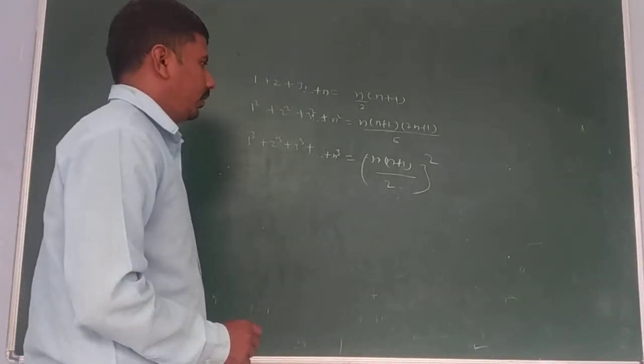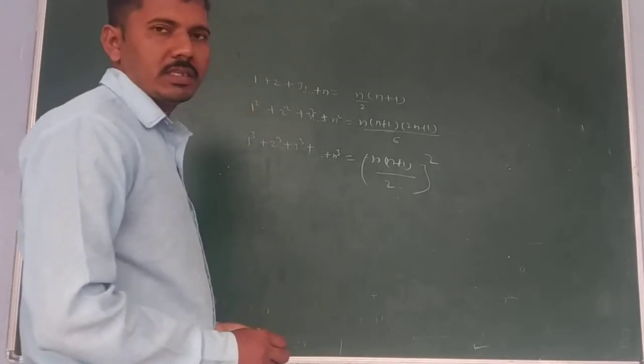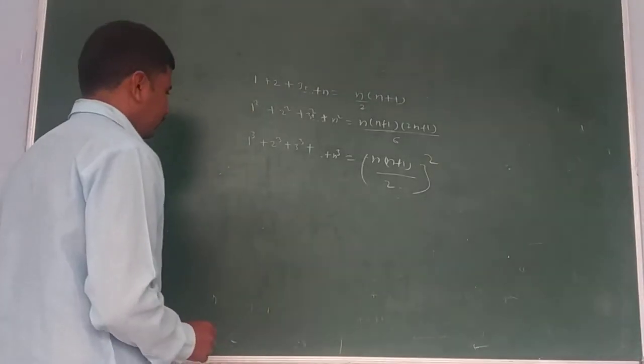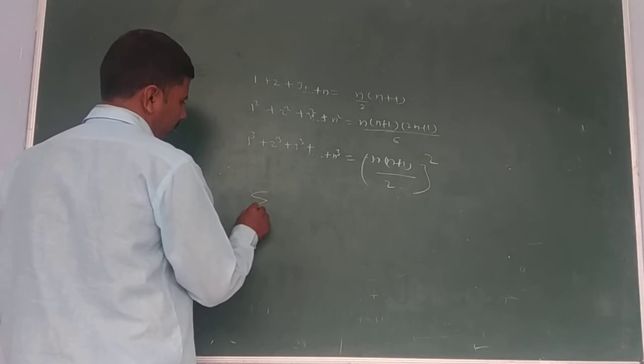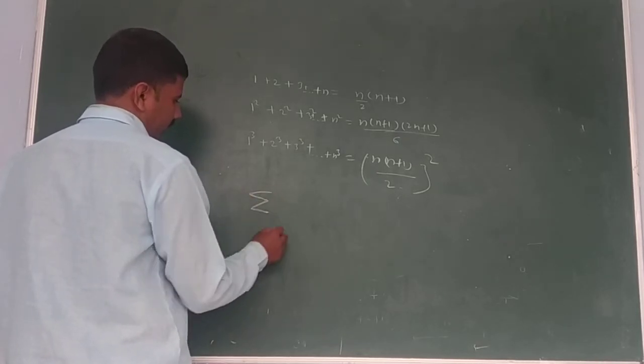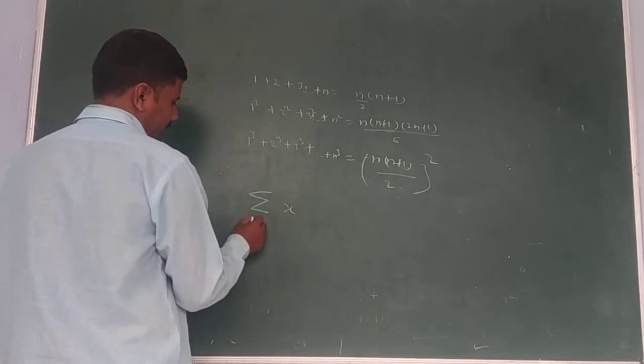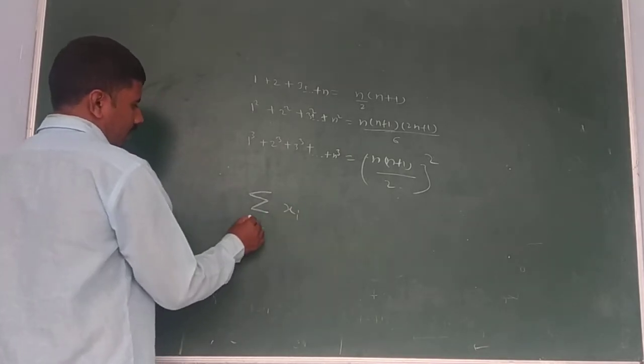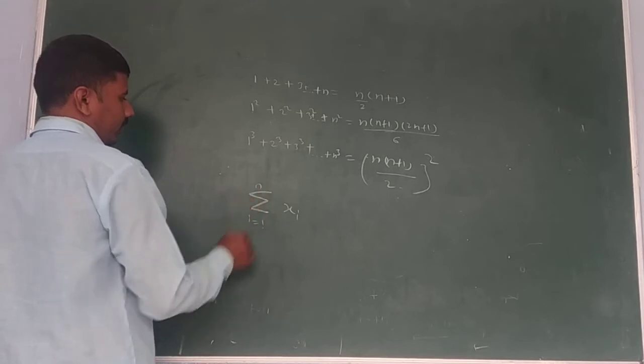Before that, we are going to see one concept of summation. Summation is denoted by a symbol, and it is the summation of any number x with i starting from 1 to n.